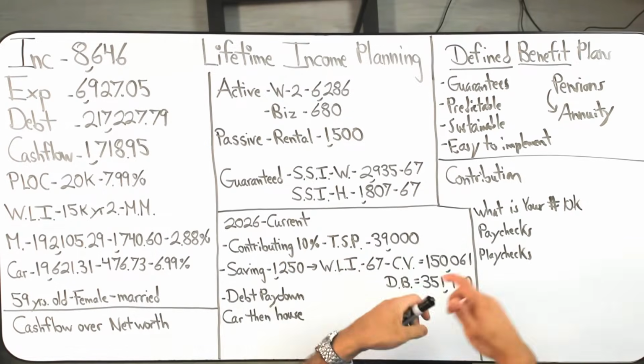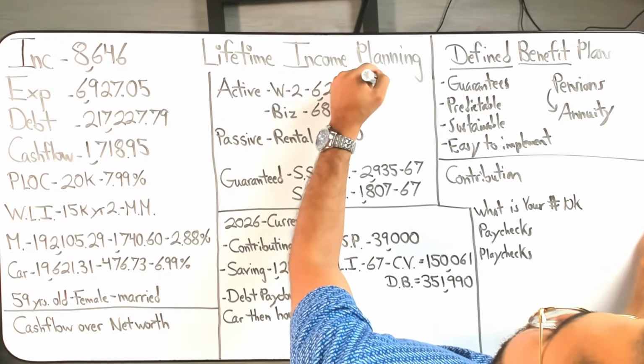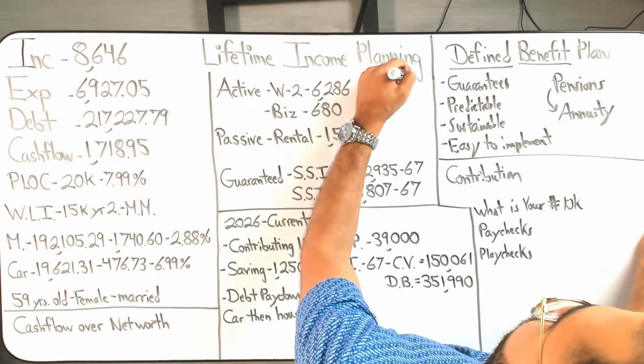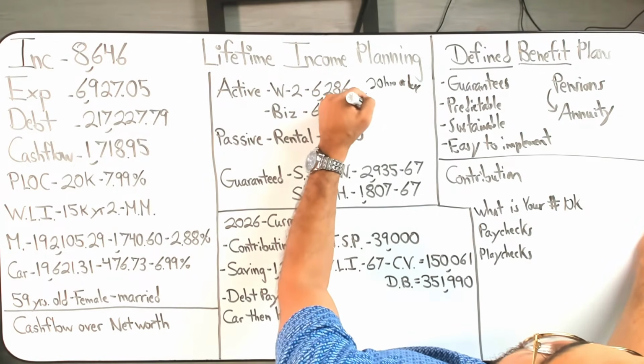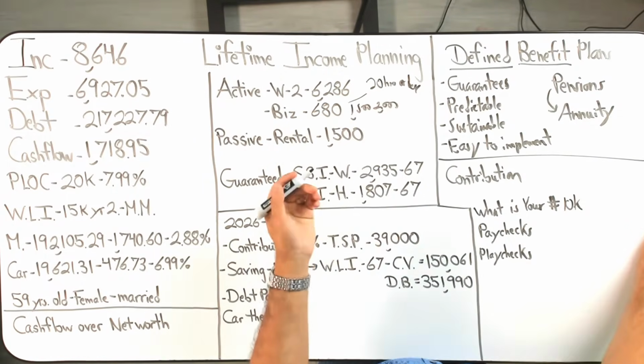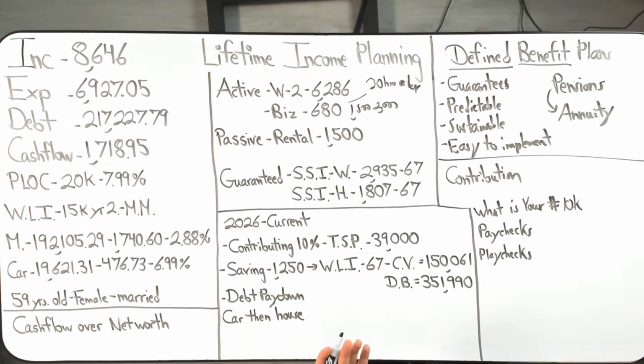So we know that working, say, 20 hours or less, she'll probably be able to bring in a third, a quarter of what her W-2 position is.